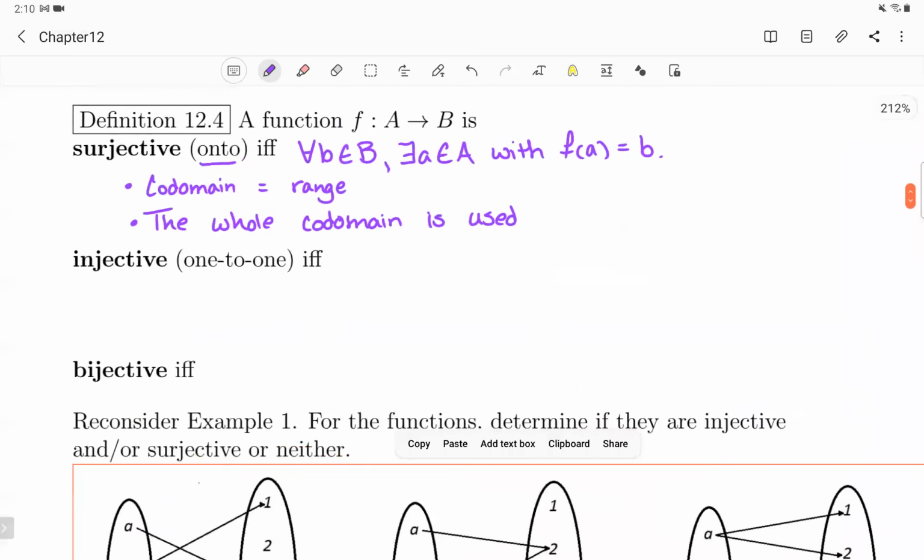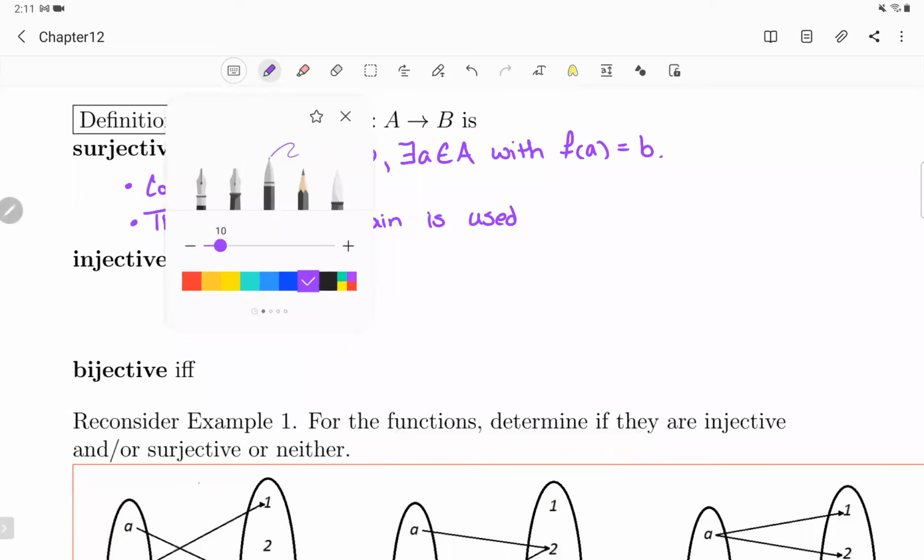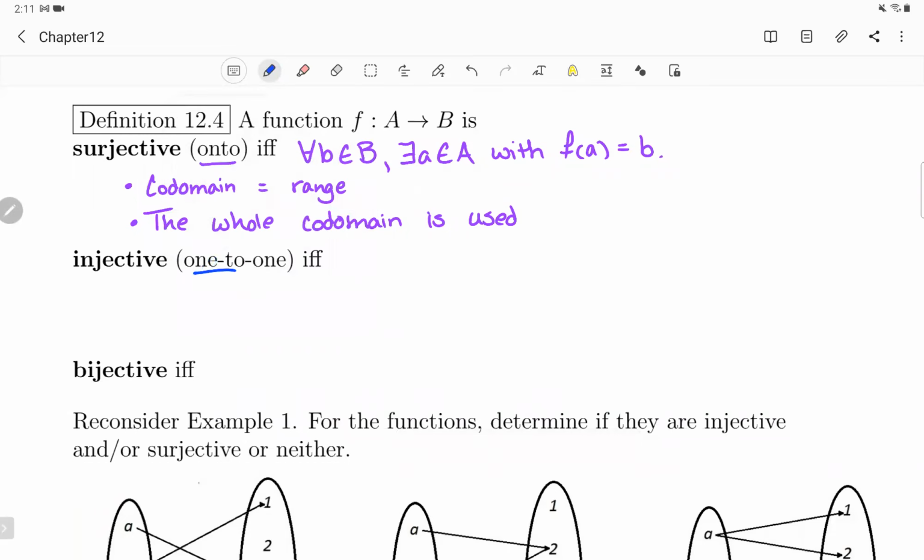All right. The next word is injective. I know, sounds weird. Again, we often use a different phrase nowadays, one-to-one. Okay, so here's the idea.